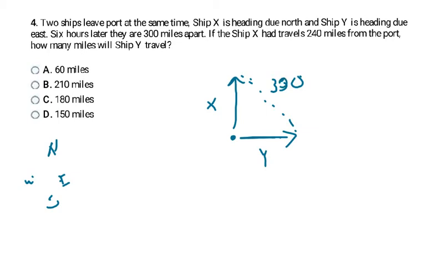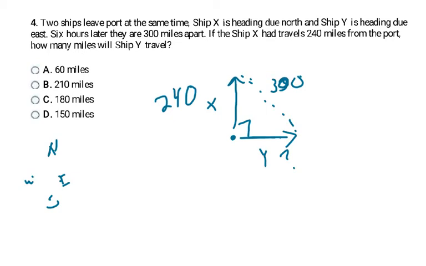It tells us that ship X goes 240 miles from the port. So that means this side of the triangle is 240. And it wants to know how many miles will Y travel? Well, east and north make a right angle. And so that gives me a right triangle where I know two of the sides, but I don't know the third side.